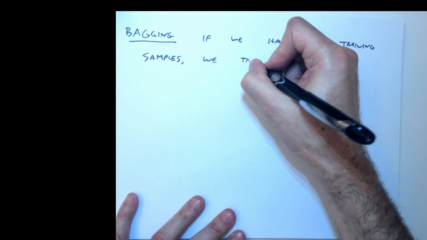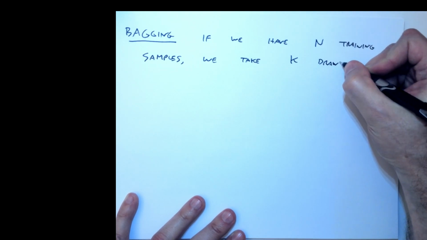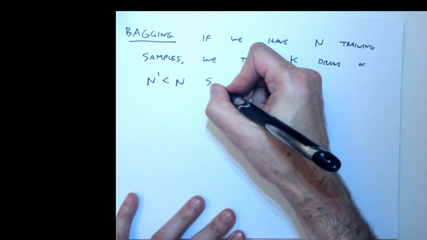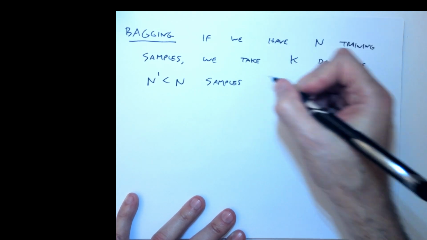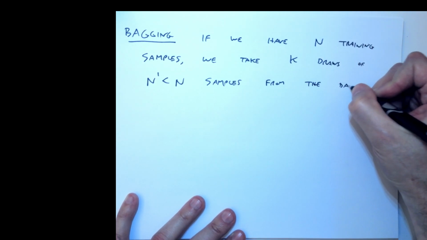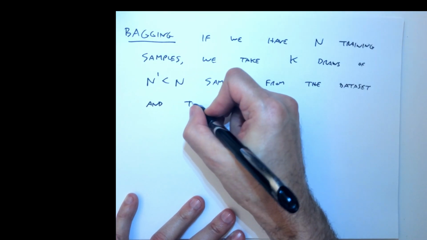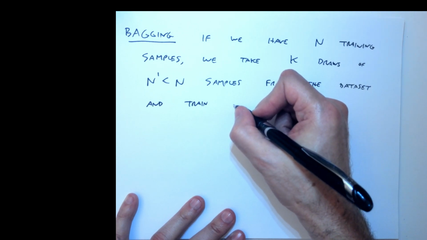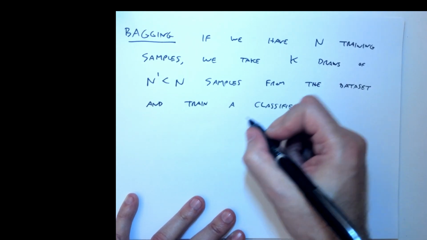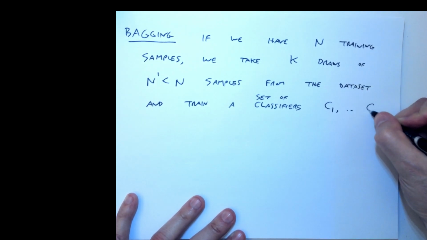We take k draws of some subset of these samples from the data set, and from that small sample, we train a set of classifiers from C1 to CK, right?